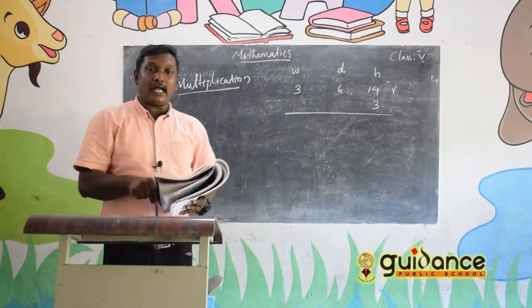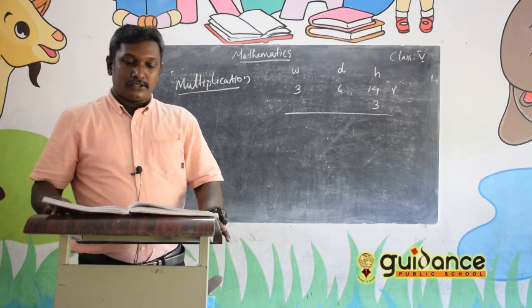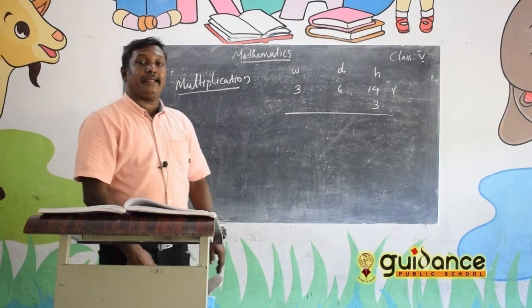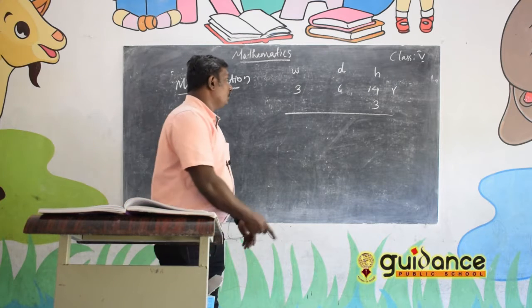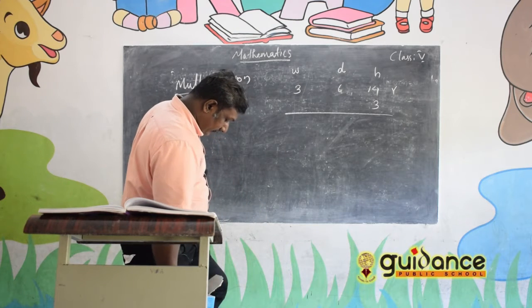It is easy, as we all know how to multiply. In this case, you have to multiply each term individually with that number.